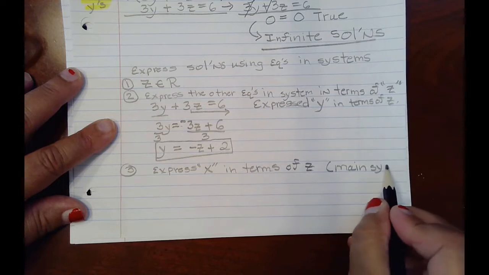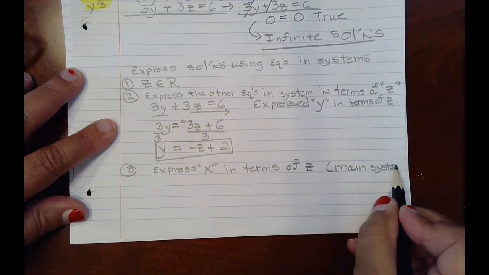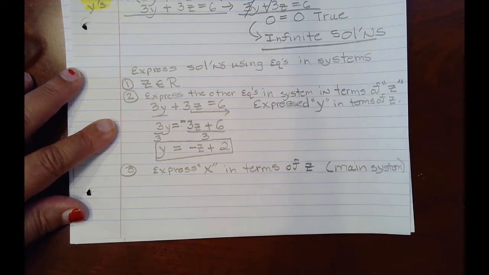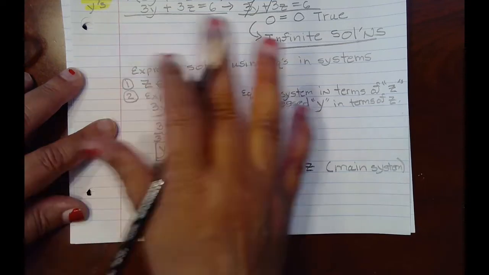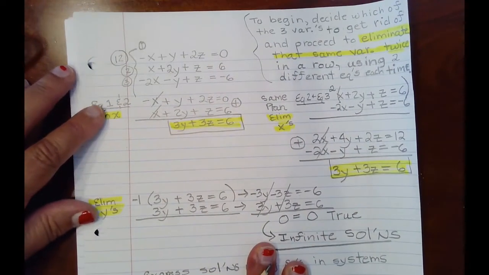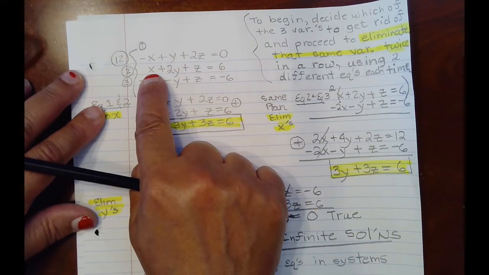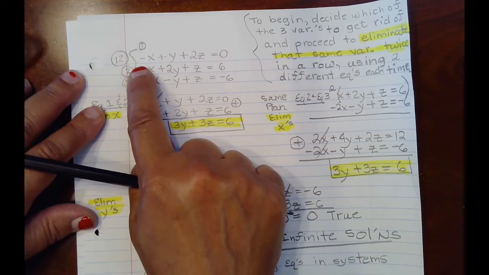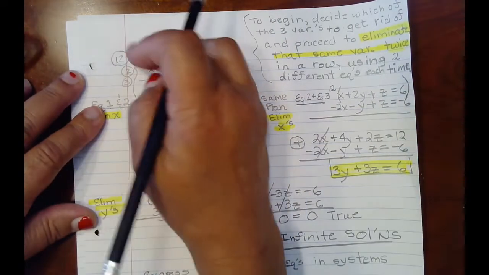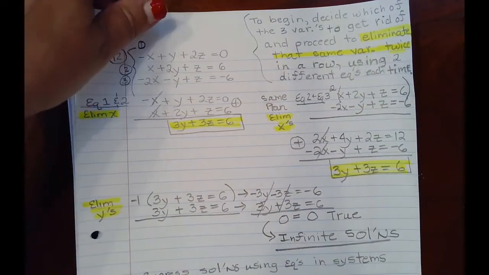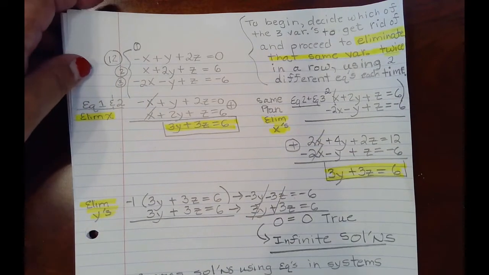And what you're going to do is back substitute some of these other expressions that you've created. Now, if I'm going to give an expression for x in terms of z, I think I like equation 2, because the x already has a positive in front of it rather than having to deal with getting rid of that negative and potentially making mistakes there.